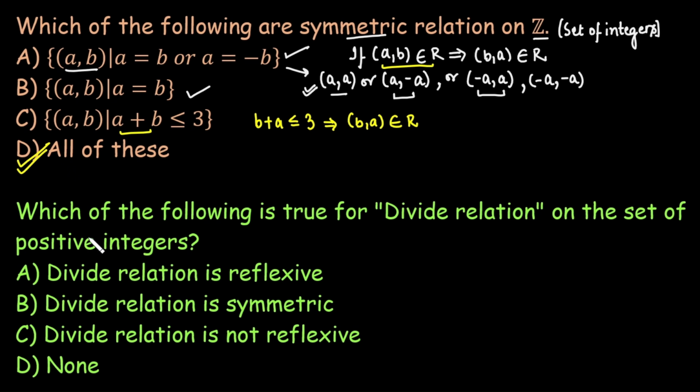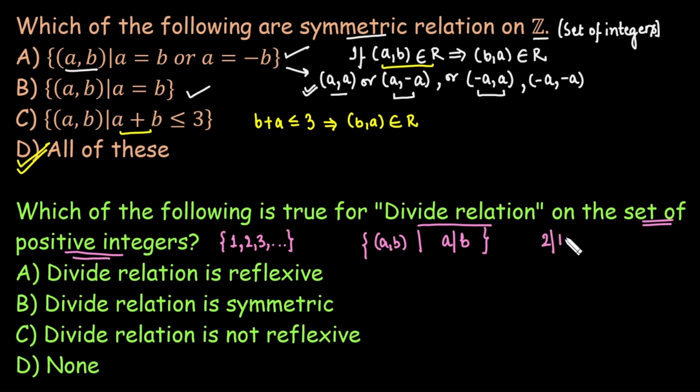The next example: which of the following is true for the divides relation on the set of positive integers, only on the set of positive integers. It means the set starts from 1, then 2, 3 and continues. Divides relation means A divides B. We need to take the ordered pairs (A, B) such that A divides B, like 2 divides 16.